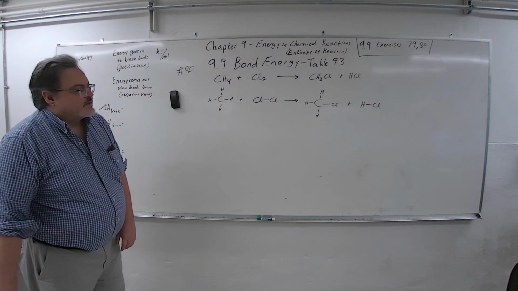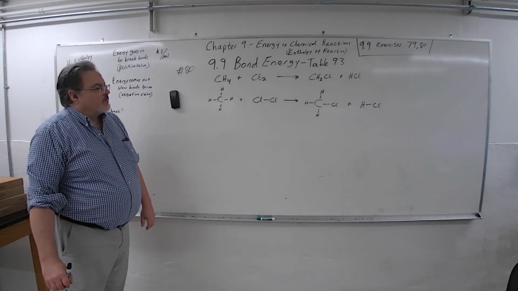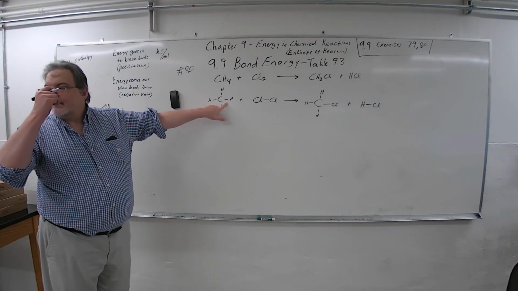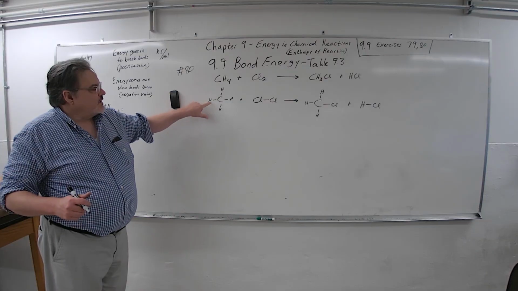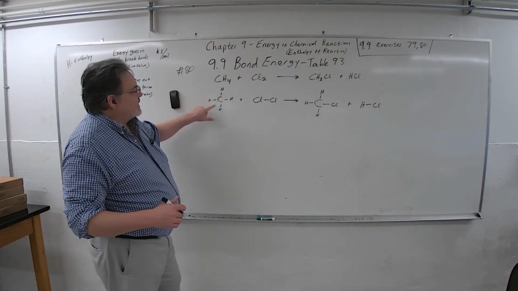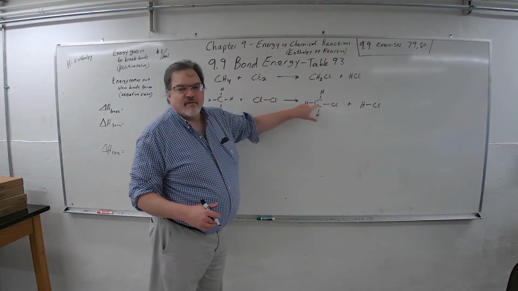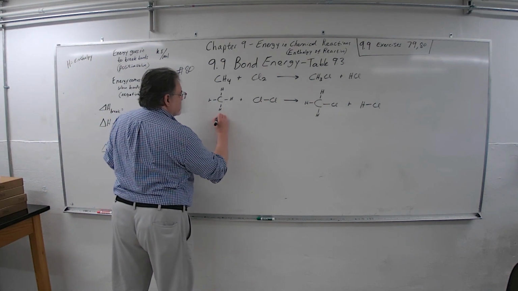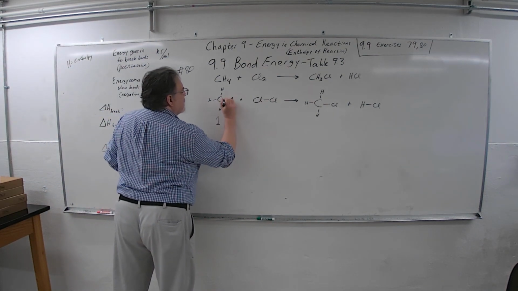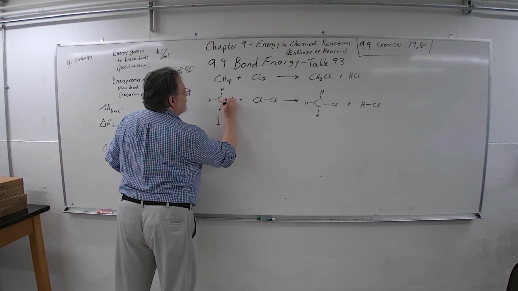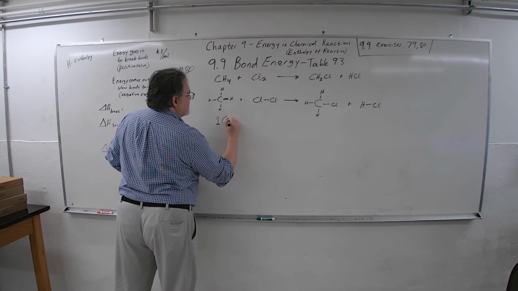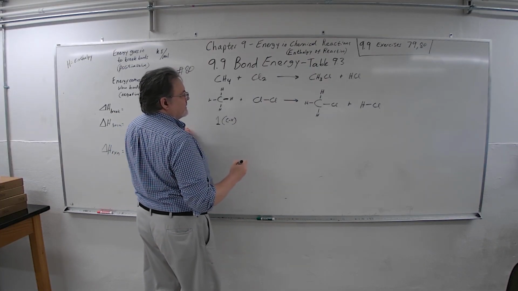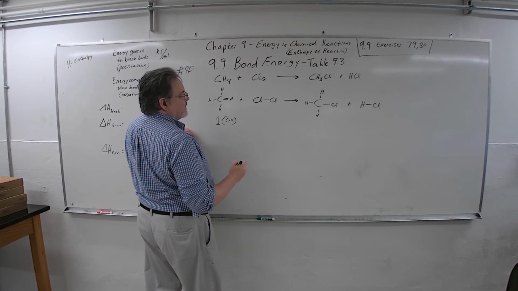So you have to look at and decide what's being broken and what's being formed. Only one of these is being broken. Do you see that? These three, at least the way I have it drawn, just stay the same. So those never break or form. They just stay how they are. So we just have one. We have this breaking, one C to H. And that's breaking because the C in the reaction is going to be bonded to chlorine.